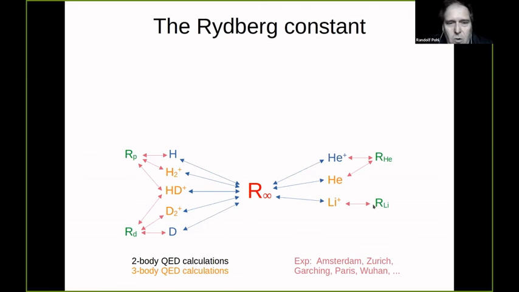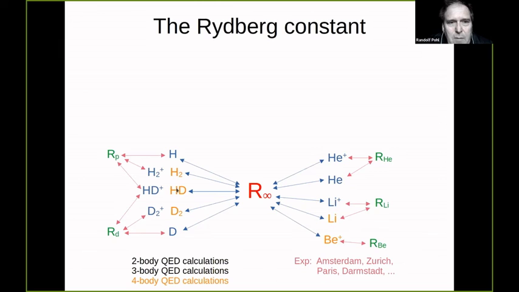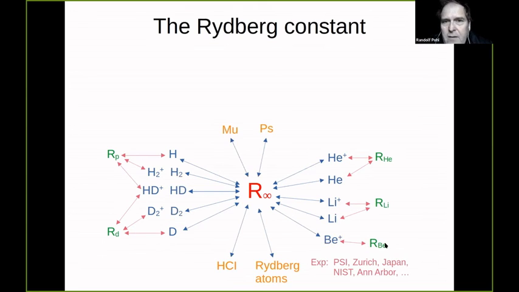And going further, right? If people come up with 4-body QED calculations, very accurate ones, then you can use H2, HD, the lithium atom, or the beryllium ion. Of course, then you will also need a beryllium charge radius. And then, of course, you can do this with purely leptonic systems, muonium, positronium, with highly charged ions, or with Rydberg atoms, and various other means.